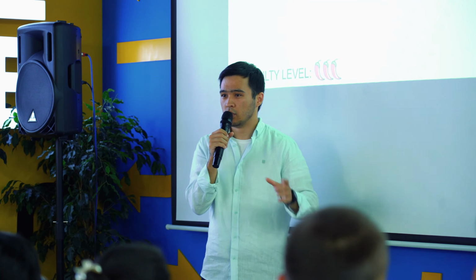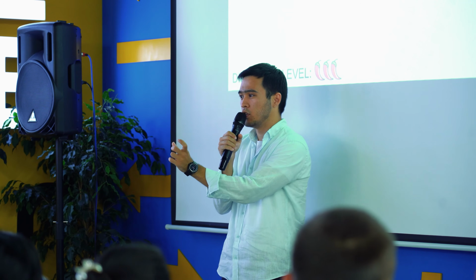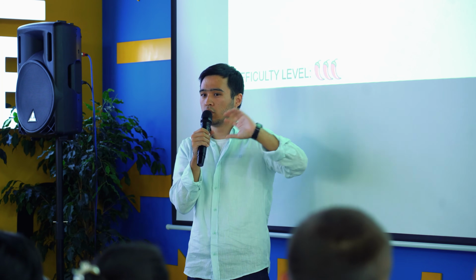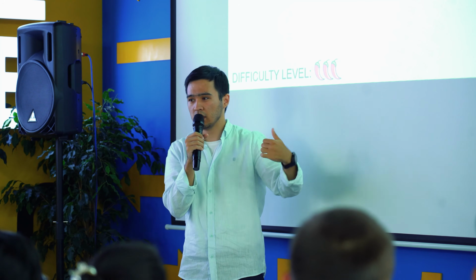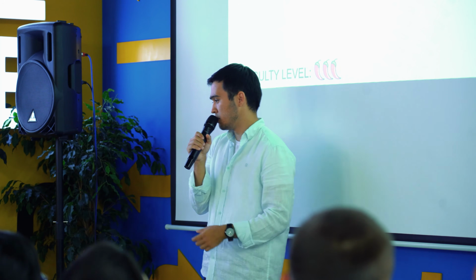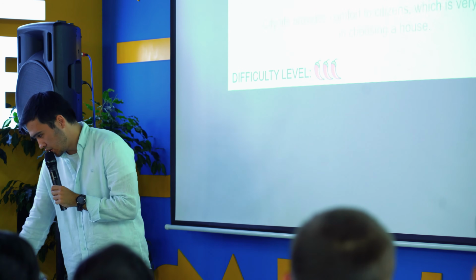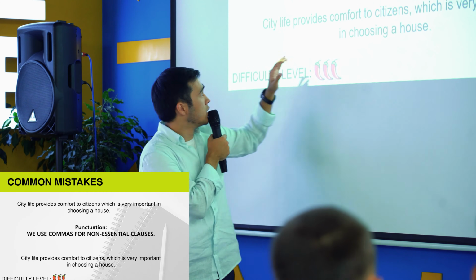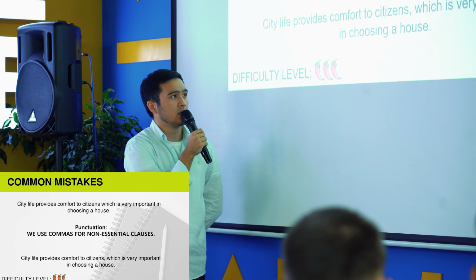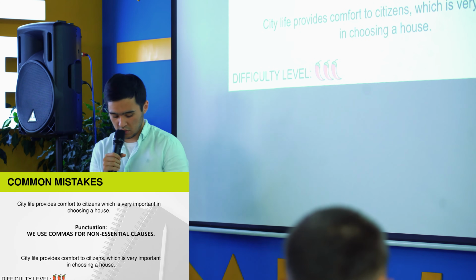This is the answer. Without the second part, you will not understand the first part, right? Which means you don't put a comma. You put a comma when you can understand the first part without the second part. Clear? This is a very common punctuation mistake. So here we do have a comma in this part: City life provides comfort to citizens, which is very important in choosing a house.